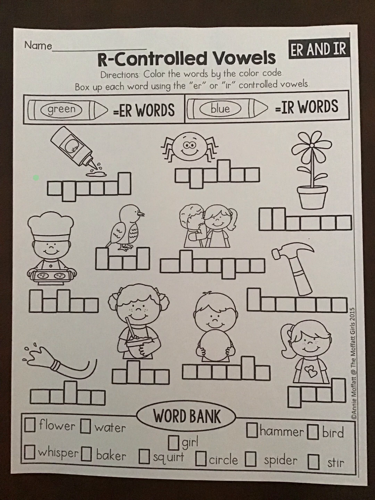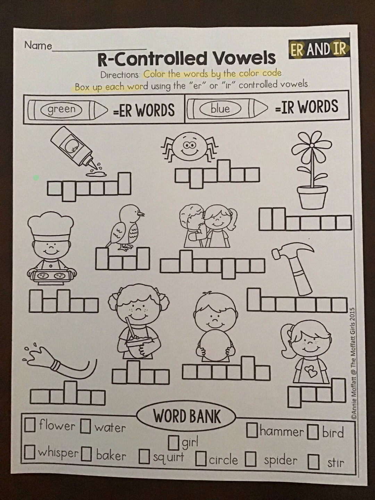And boys and girls, we are working with R-controlled vowels. And you can see that we're working with ER and IR. The directions say, color the words by the color code.